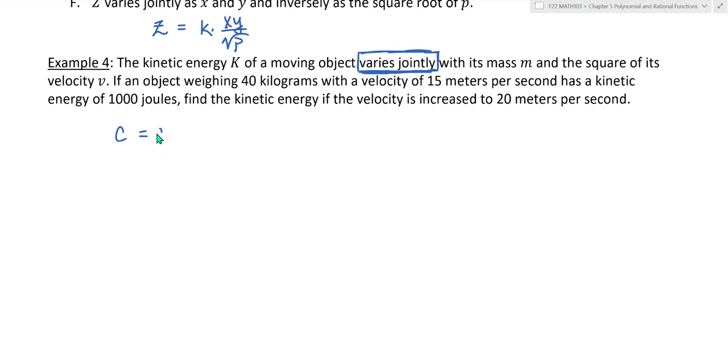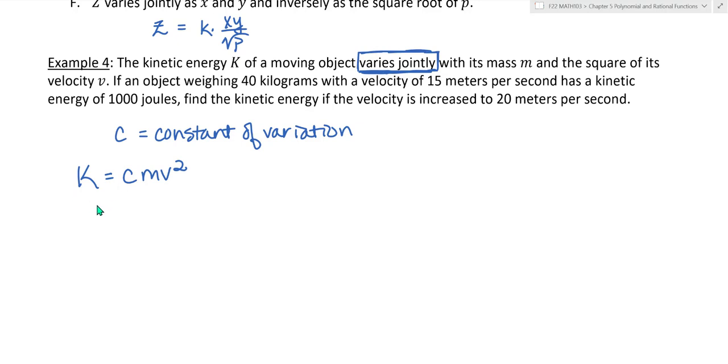So that's going to be what we usually call K, but since we've already got a K for kinetic energy, constant of variation. All right, so then capital K, our kinetic energy, varies jointly as, normally we'd have a K here, but let's make it C, the mass m and the square of the velocity v, so C m v squared.